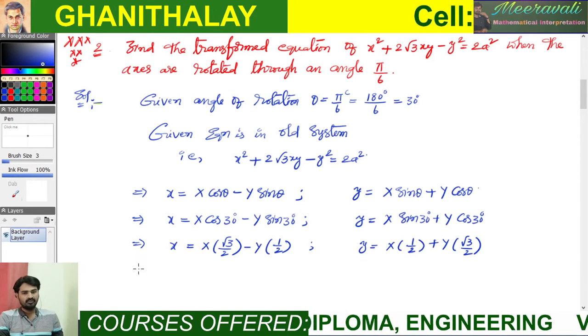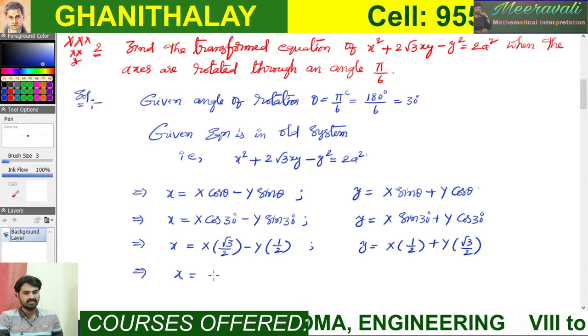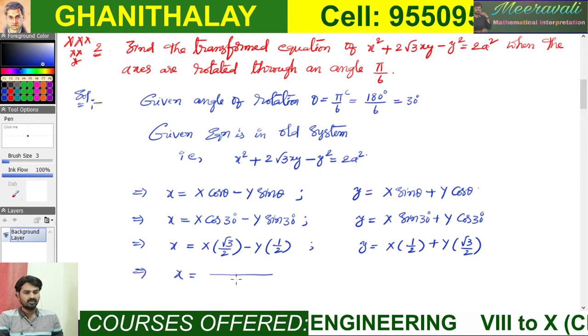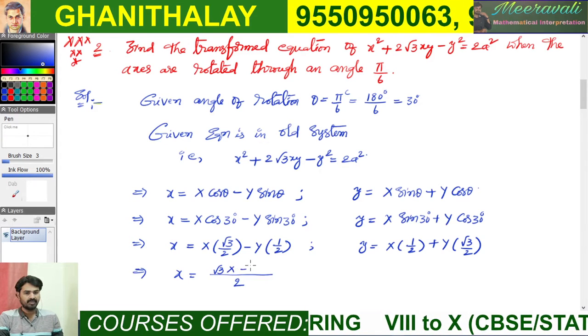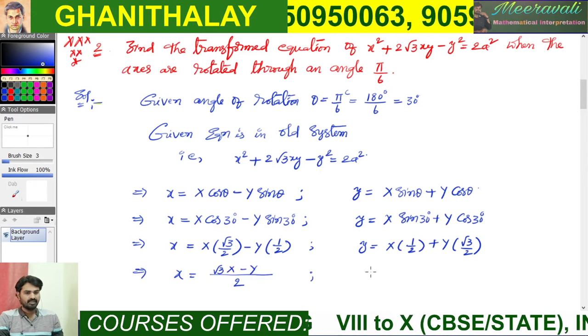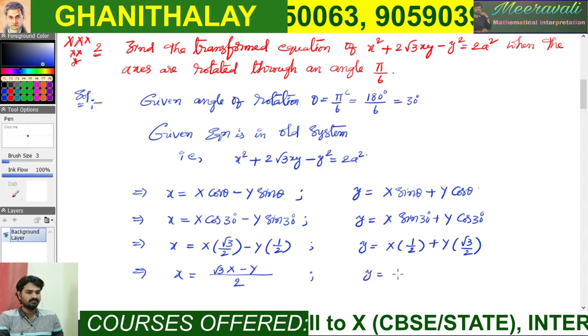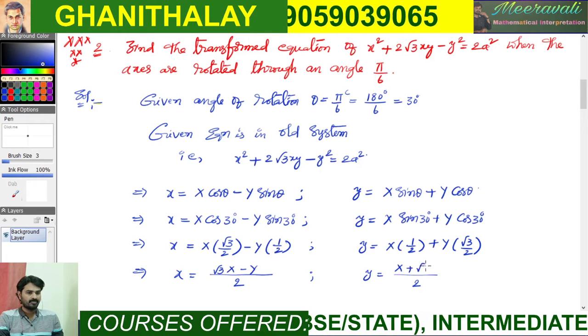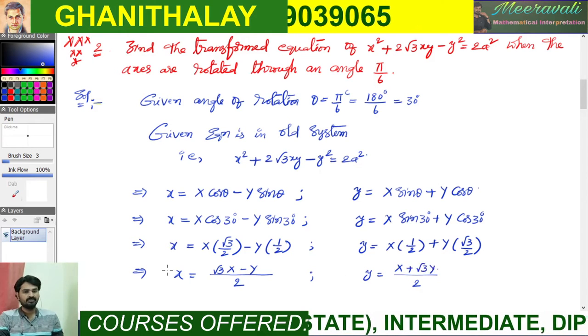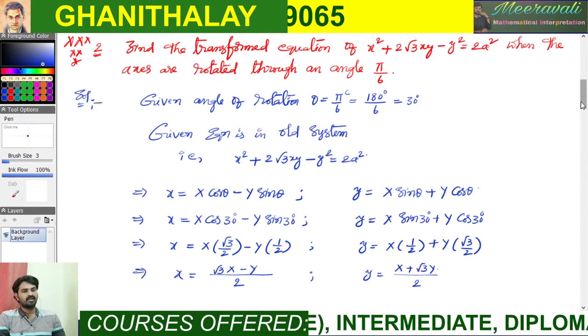Now finally, both have the same denominator. Small x is root 3 X minus Y by 2, and small y is 2 denominator same, X plus root 3 Y by 2. They are the small x and small y values.